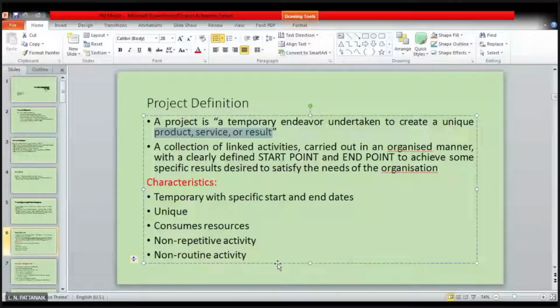Suppose to develop a new car model, product. Finally, you are getting a product. Any physical, tangible thing that you produce out of the project is a product. It can be a bridge, it can be a building, something physical, right?